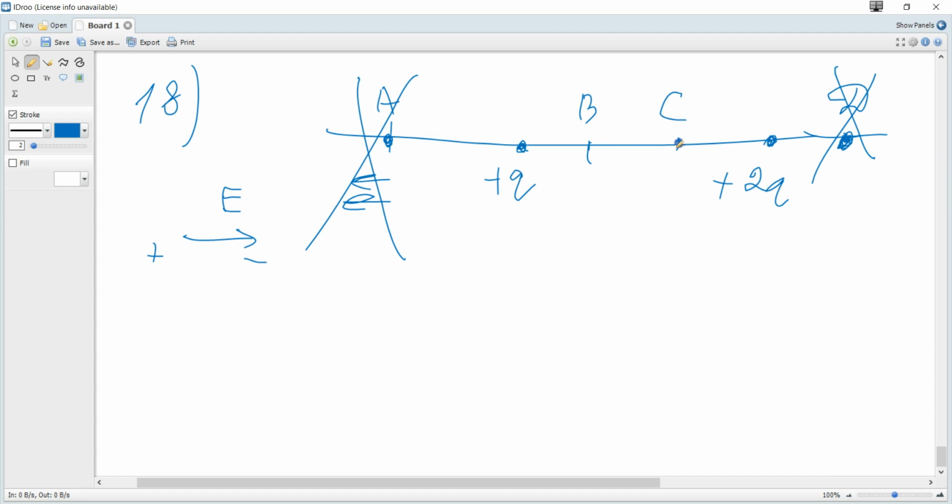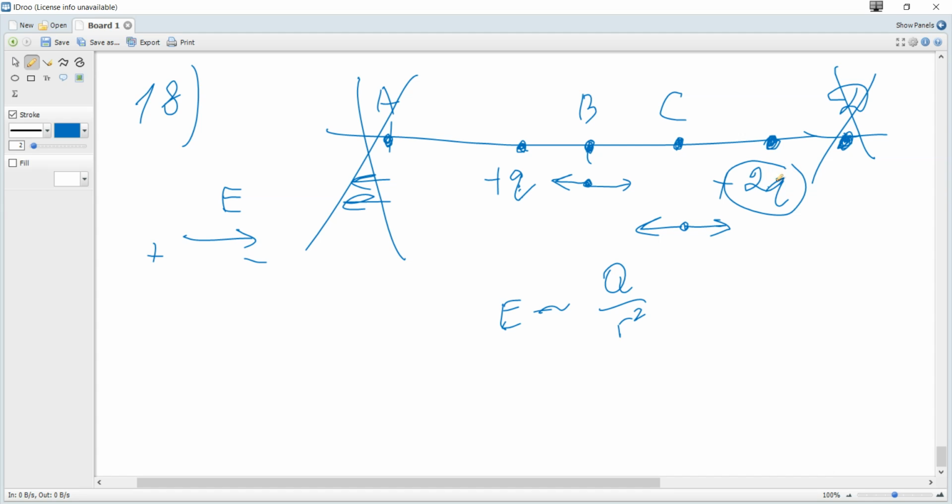And at B, from plus, field created by plus Q is to the right, and field created by 2Q is to the left. At C also the same. But what about magnitudes? You can see that 2Q is large, and the field is proportional to charge and inversely proportional to distance squared.